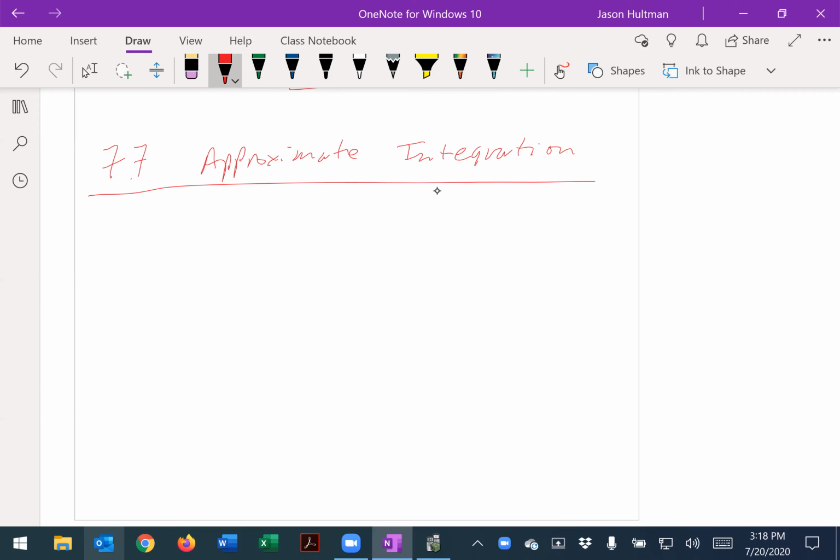So let's talk about left endpoint approximation.